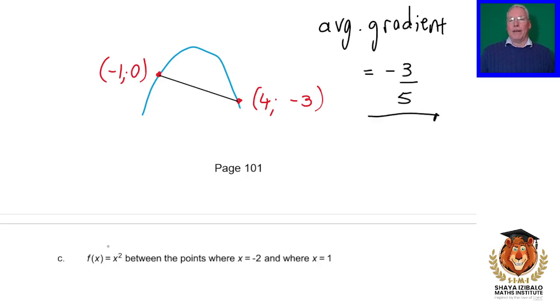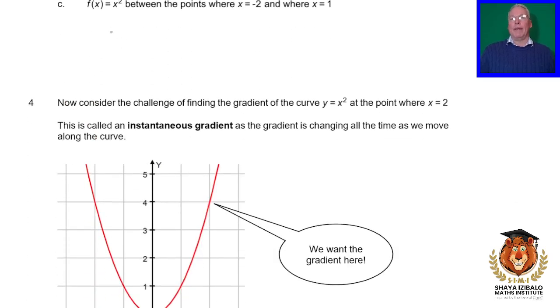Okay, and the last one, x squared, we know what x squared is. It looks like it's just a kind of a parabola like that, between x equals -2 and x equals 1. Now, when we square -2, we get 4, and when we square 1, we get 1. So now we're using those 2 points to find an average gradient.